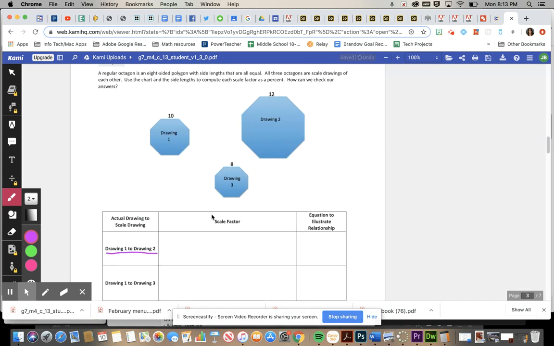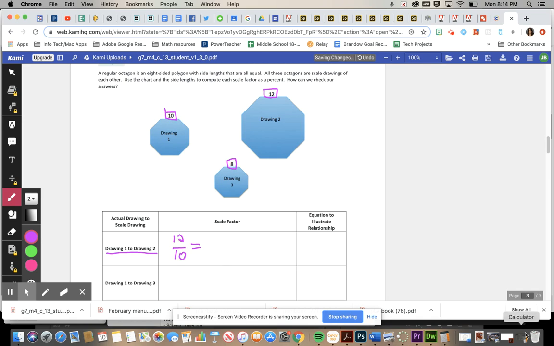Drawing 1, that was the original, so I'm going to put that on bottom. Original is on bottom. And the side lengths, I can see 10, 12, and then on drawing 3, the side length is 8. Okay, so drawing 1, original is on bottom, drawing 2 on top.